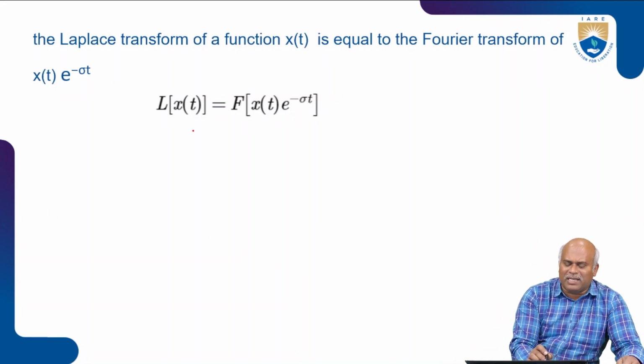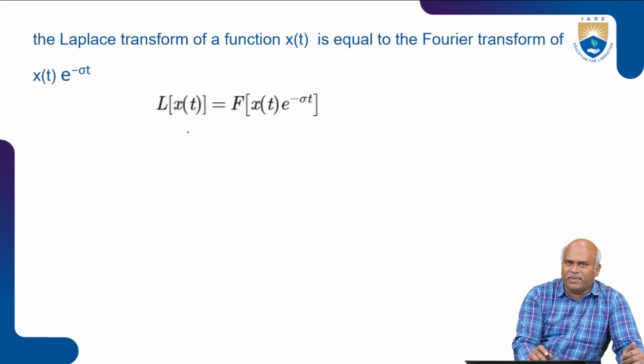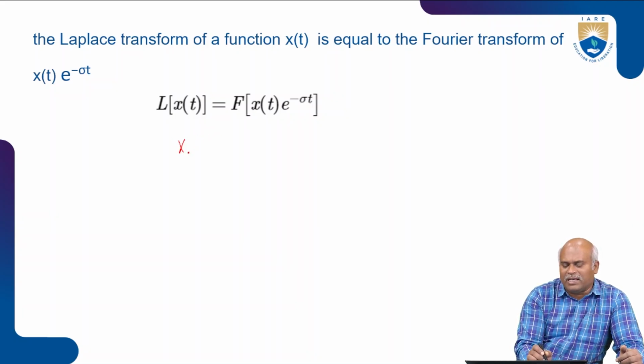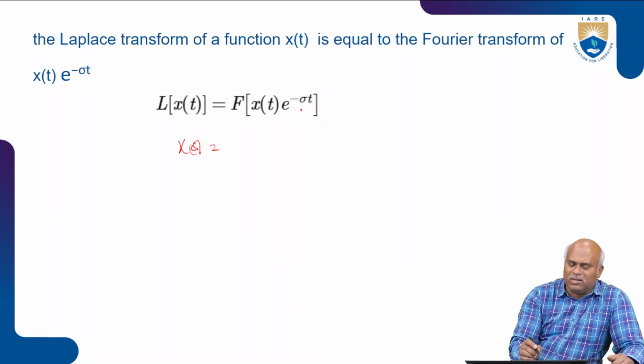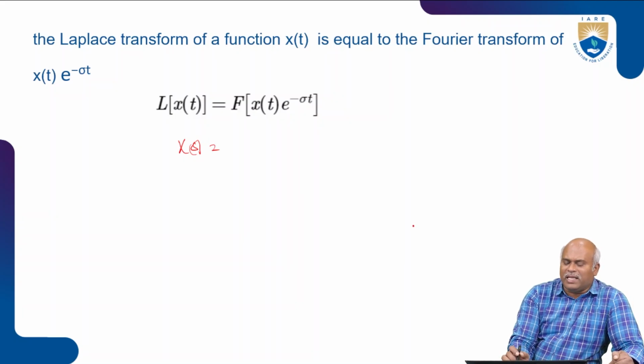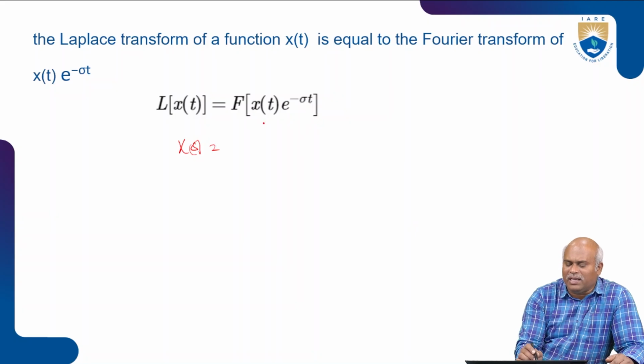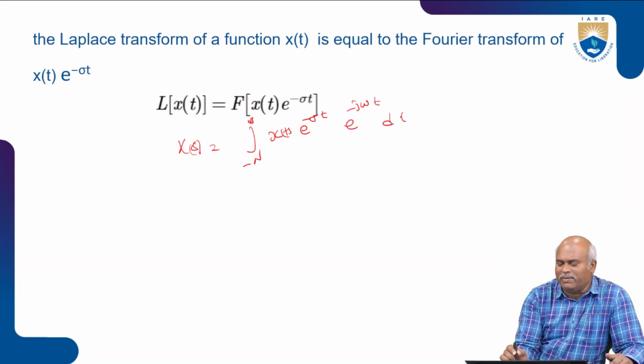Now the Laplace transform of x(t) is X(s). So X(s) is the Fourier transform of x(t) e^(-sigma t), which I write as the integration from minus infinity to plus infinity of x(t) e^(-sigma t) e^(-j omega t) dt.